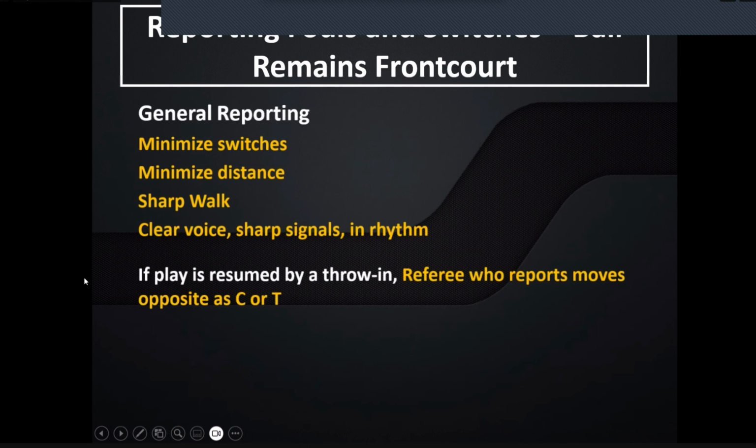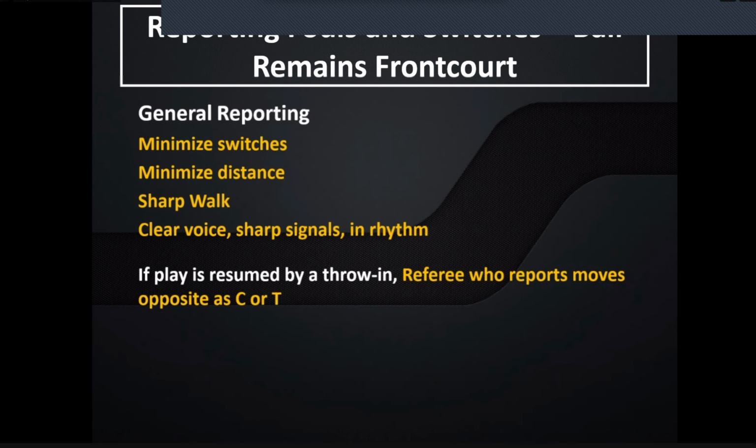So if play is resumed by a throw-in, in 2-person, what happens when you call a foul? You go to trail. So in 3-person, if you call a foul and play is resumed by a throw-in, the referee who calls the foul and reports goes opposite the table, but depending where the ball is, you might be C or T, because now we have 3 officials.